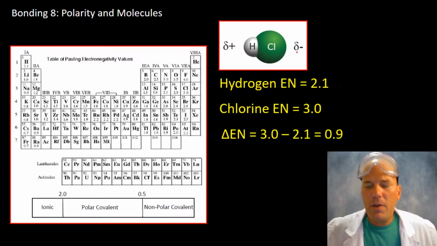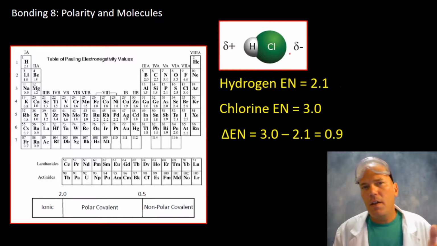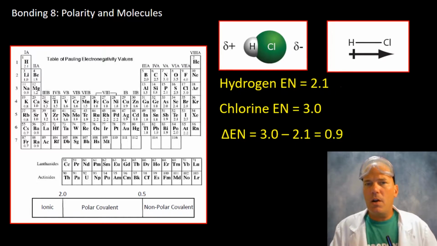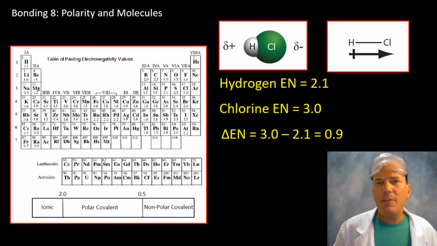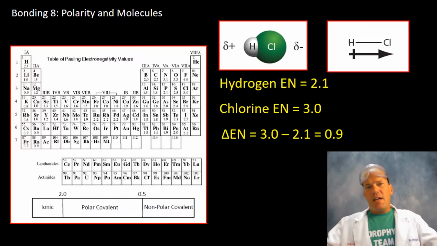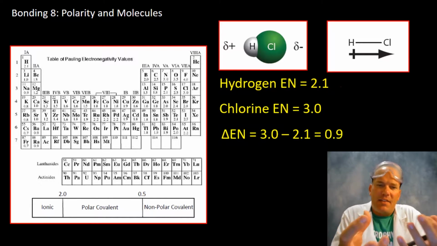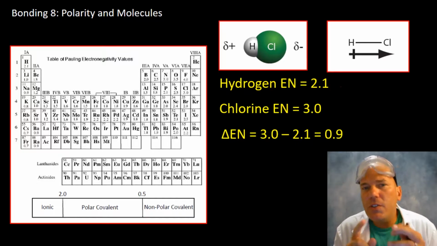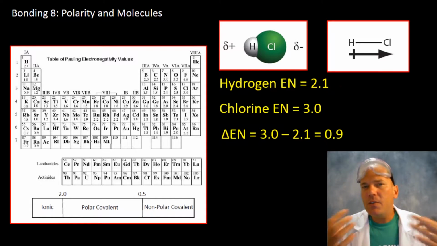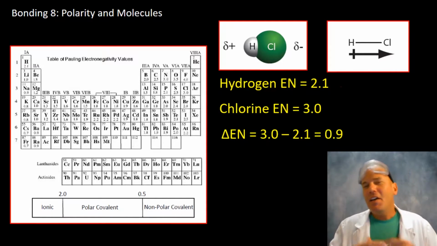And this is showing an overall partial charge disparity, saying basically that within this molecule, the chlorine, the more electronegative species, has more electrons closer to its nucleus. And I use the example in class of Skittles.